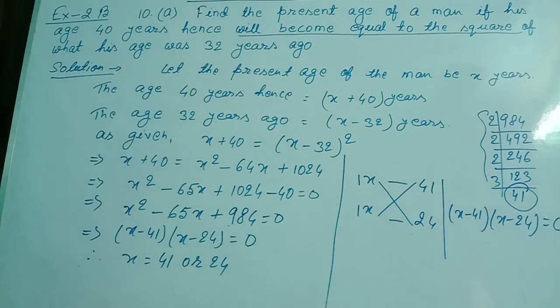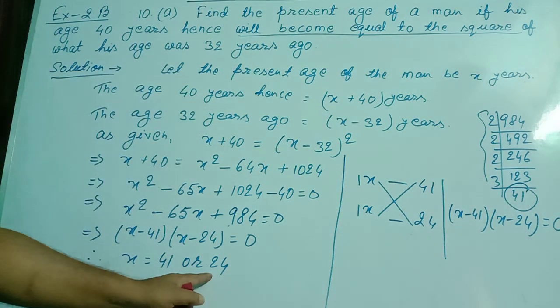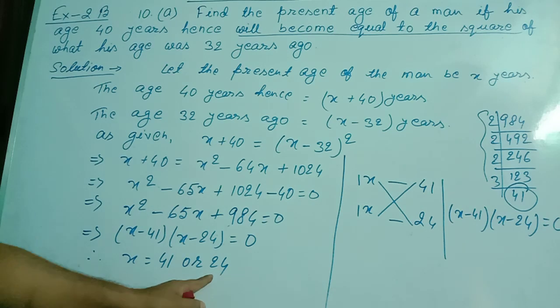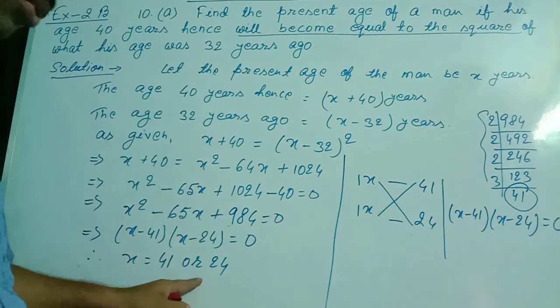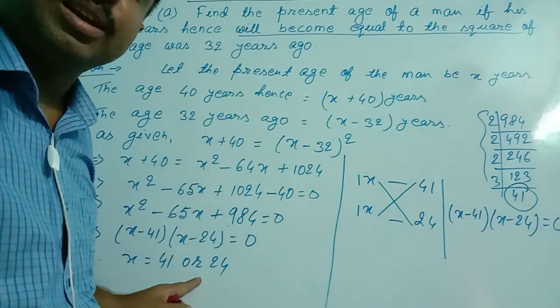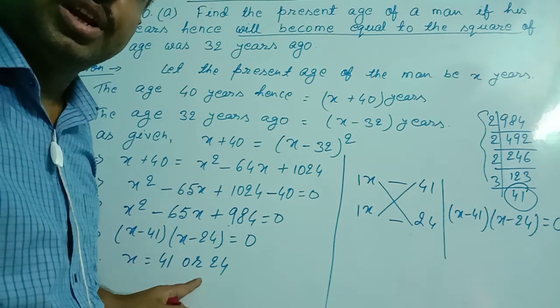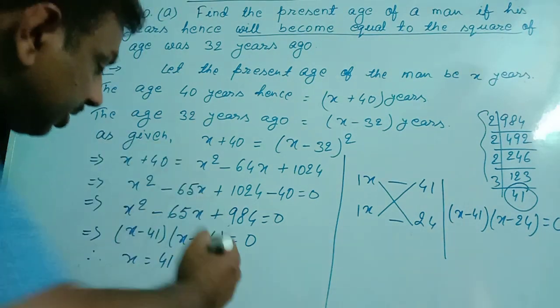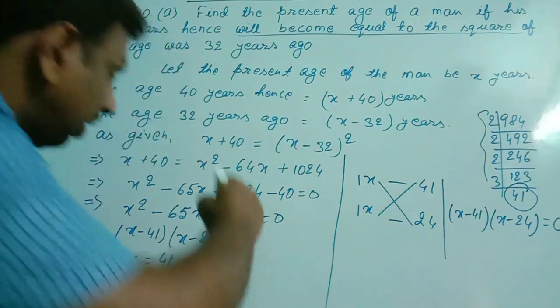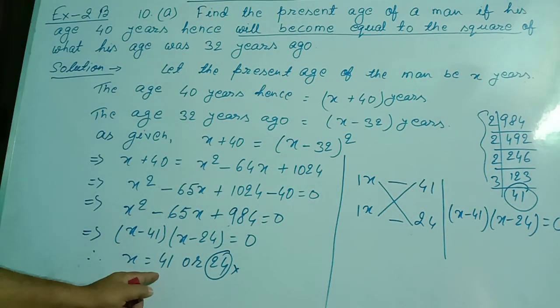So one value will be absurd. 32 years ago, if you subtract 32 years from 24, you will get a negative number, and age will never be negative. So this is an absurd value. We will not take this value. We will take the value of x equal to 41.